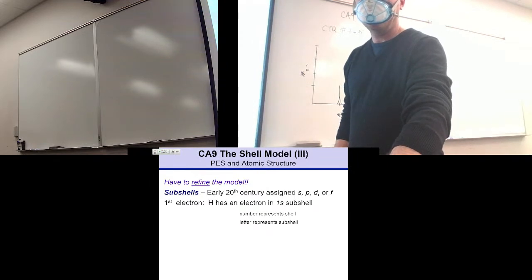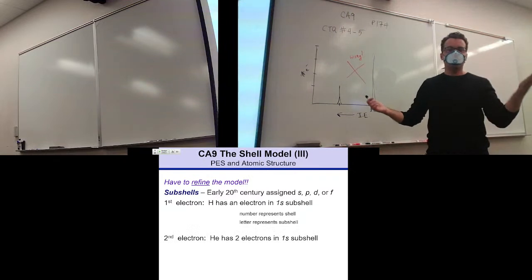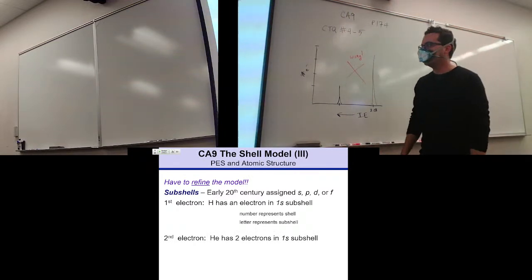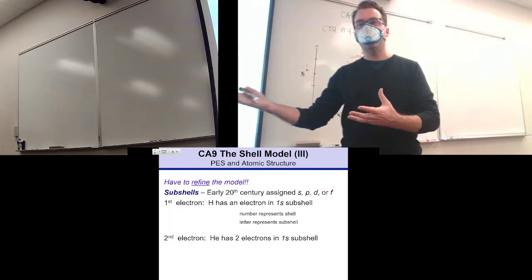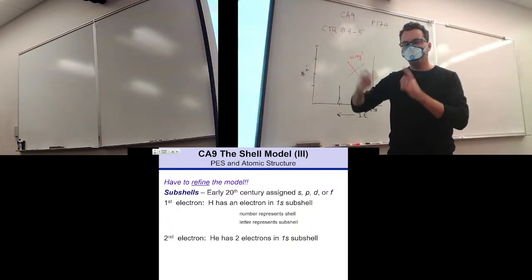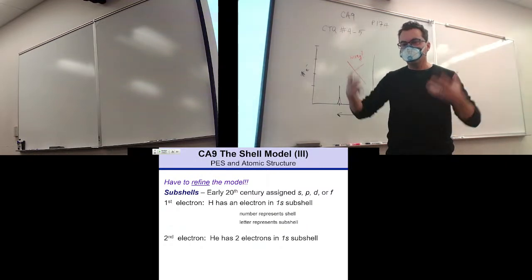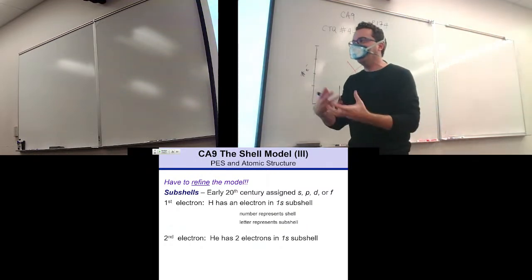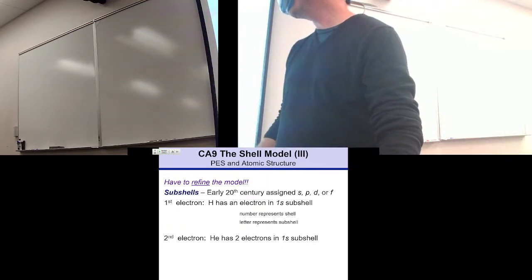If we keep going, the second electron is in the 1s subshell as well. No different. You saw the photoelectron spectrum. When we looked at helium, there was 1 peak. And so the 2 electrons that helium had were both in the same subshell even. So again, 1s subshell.